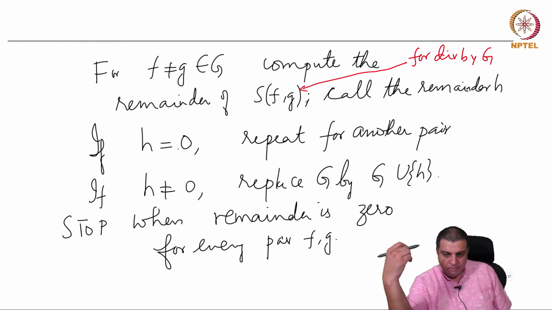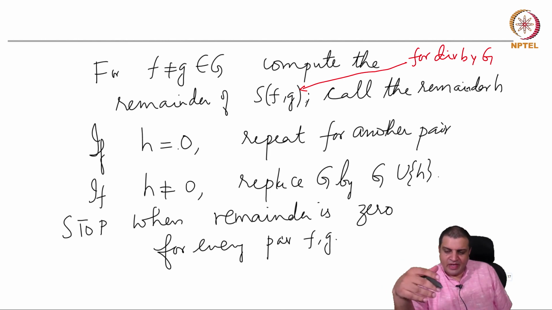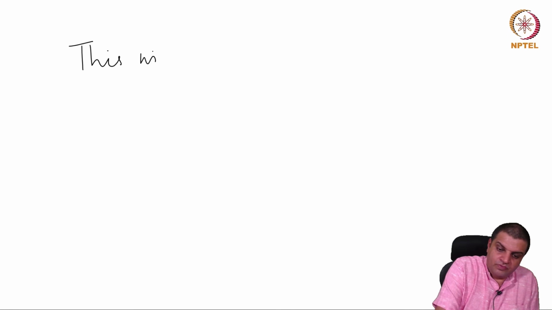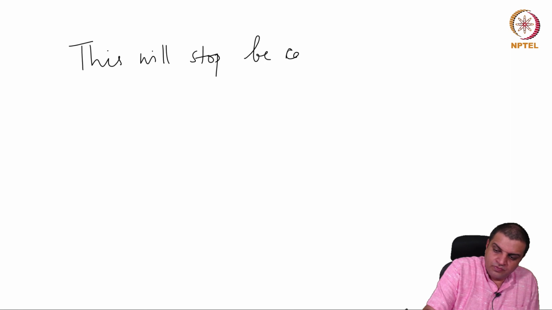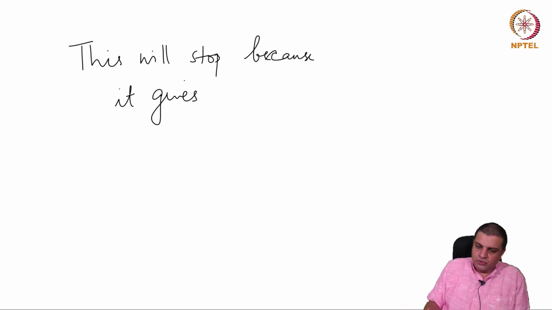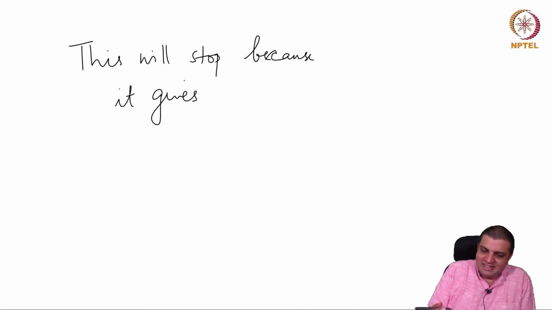This enlarges G. If it is 0, there is nothing to do. Repeat this. At some stage, this will stop. Why? Because it gives an ascending chain. As you add more and more elements to G, the ideal generated by G goes up a little bit, but eventually it has to stop.